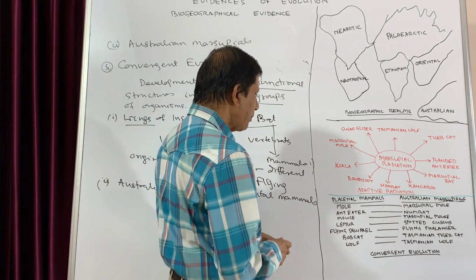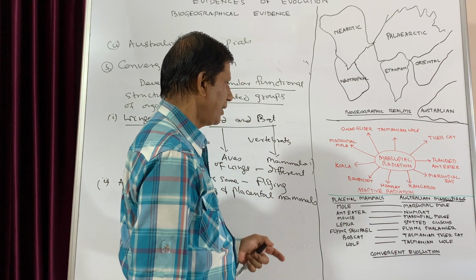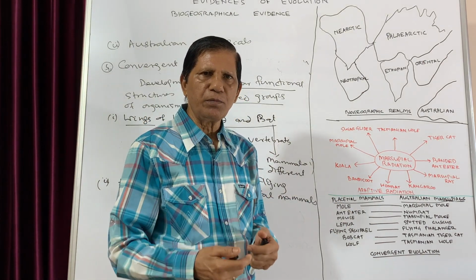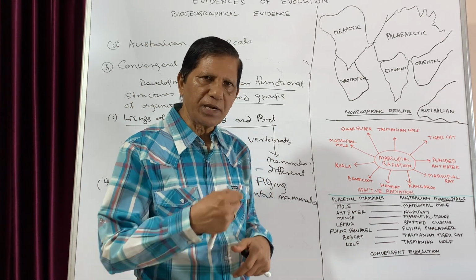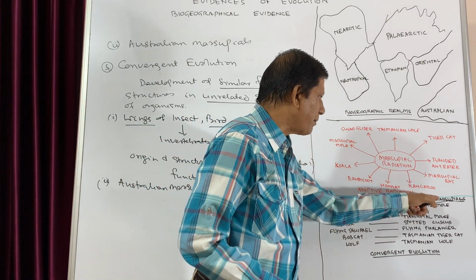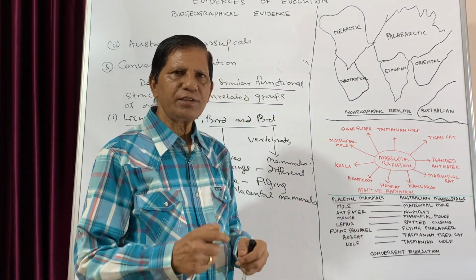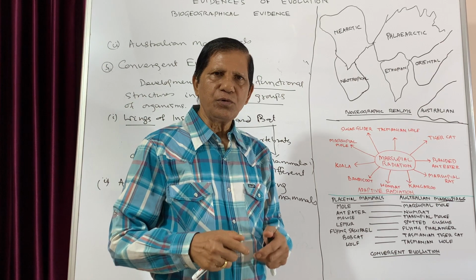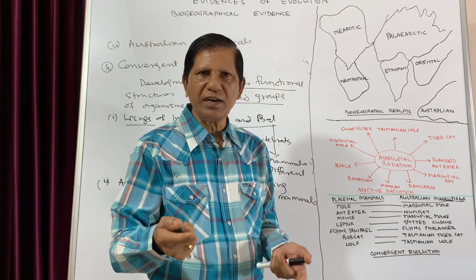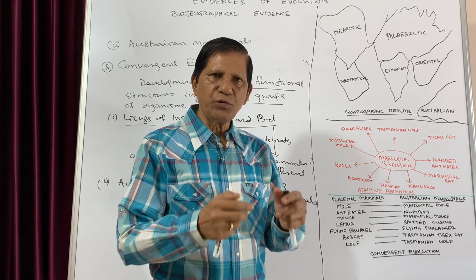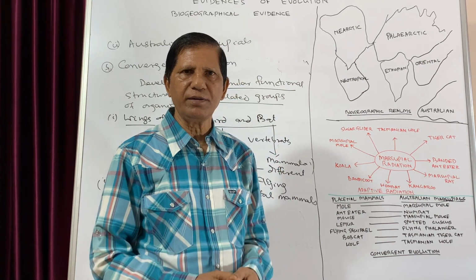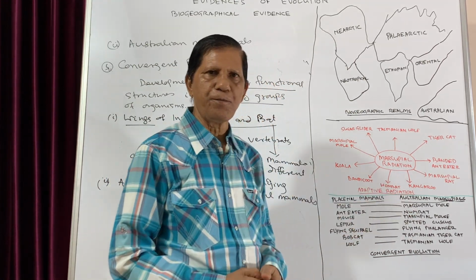Now these are known as placental mammals. Placental mammals means when the child is within the mother's womb, it will get its food through the placenta. So this is highly evolved. But marsupials give rise to underdeveloped offspring, not completely developed. That is why they put the offspring in a pouch in their belly for some time till the growth is complete. That means this is a primitive type.